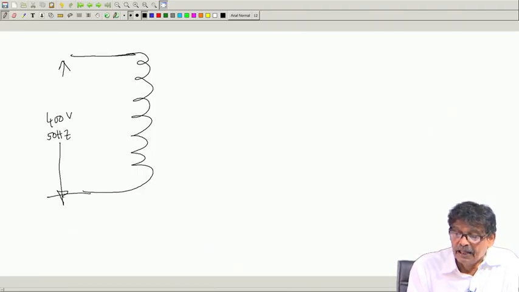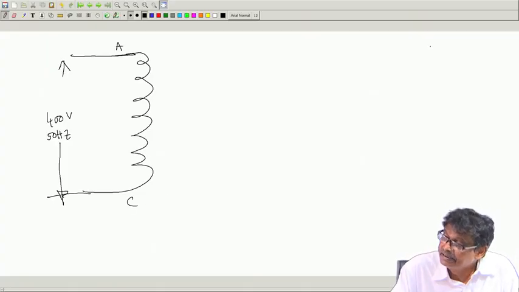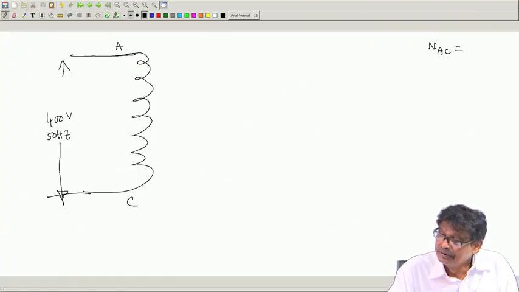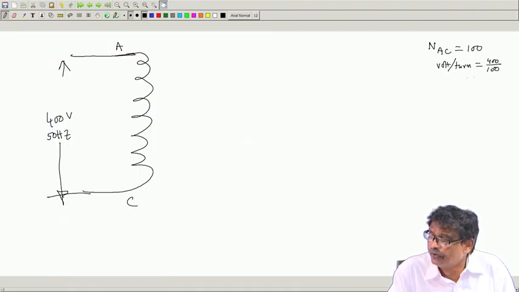Once again I say that N_AC is equal to 100. Then immediately I will calculate volt per turn, which is 400 by 100, equal to 4.